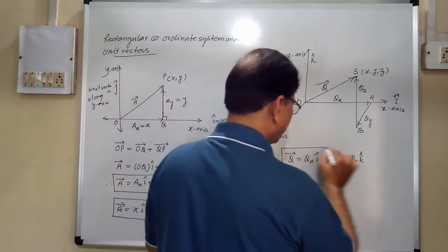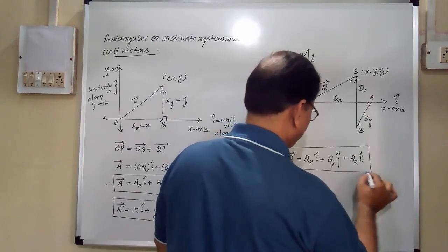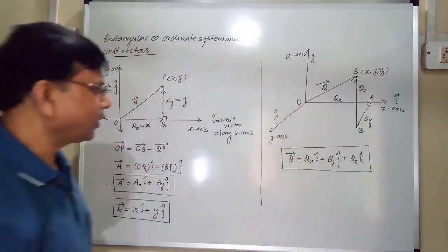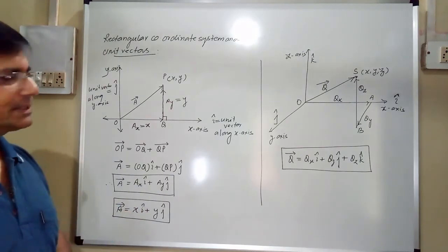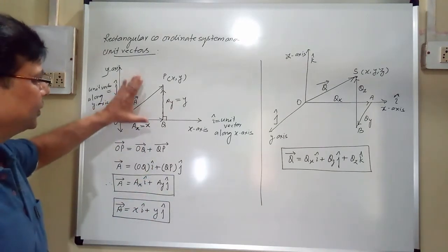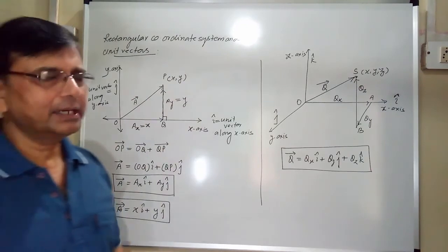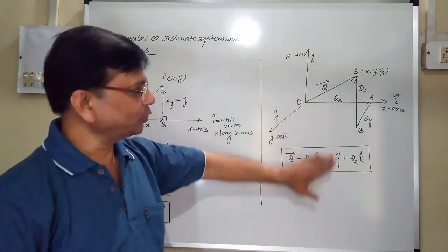These are the representations of any position vector considering the unit vectors along the axes. It is for 2 dimensions and that is for 3 dimensions. This is clear to all of you.